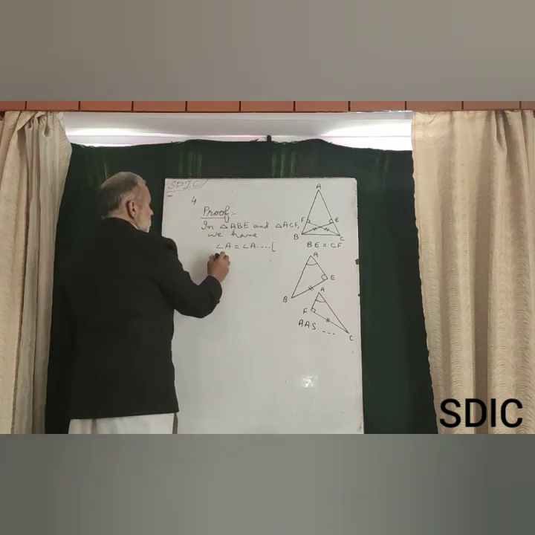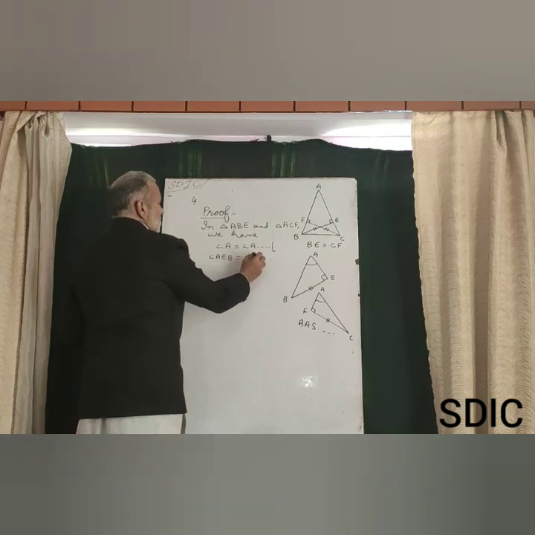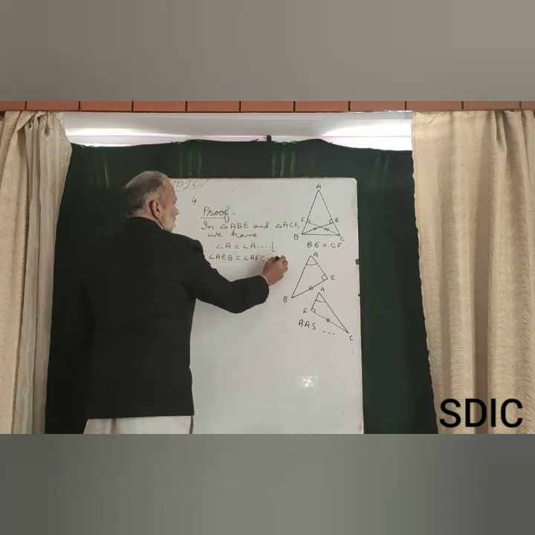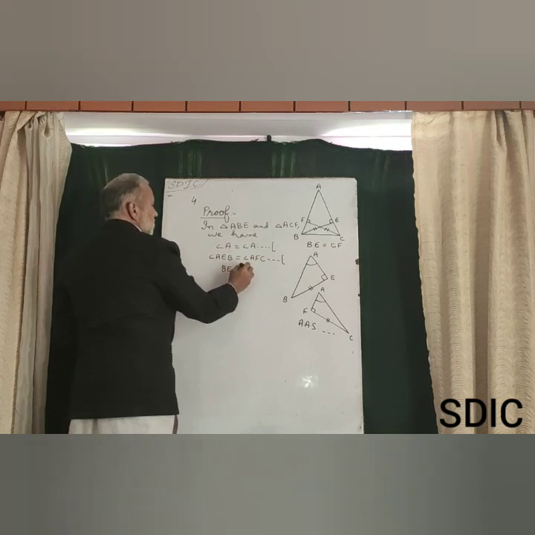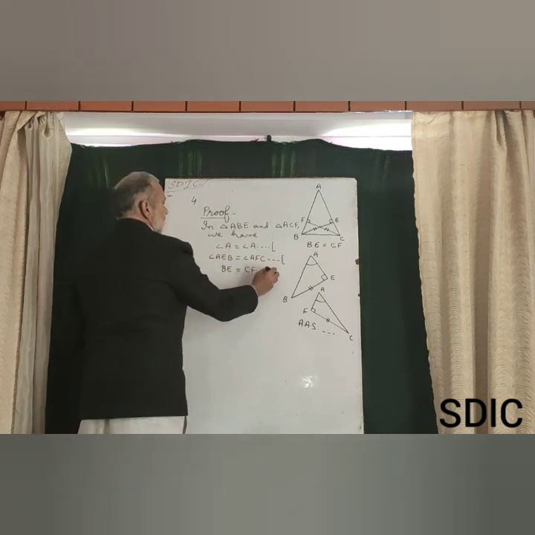Angle AEB is equal to angle AFC, each 90 degrees. Previously we wrote AB equal to AC, but this time you have to write BE is equal to CF. This is the only change.